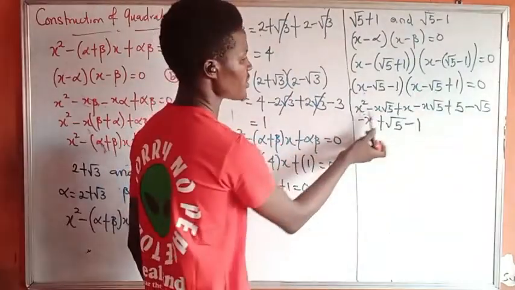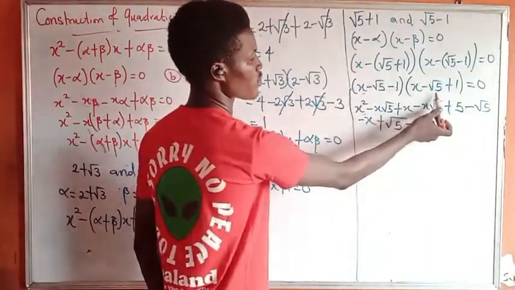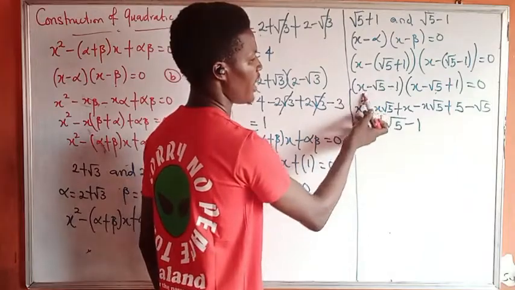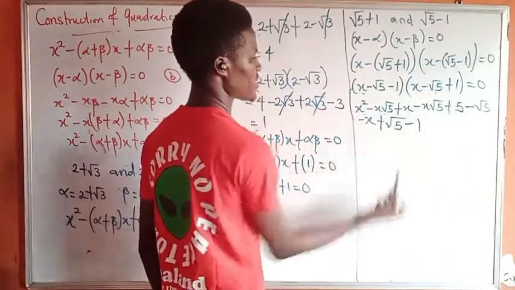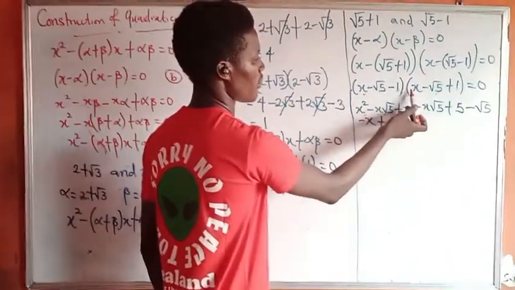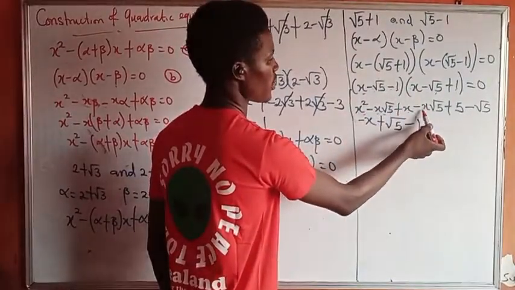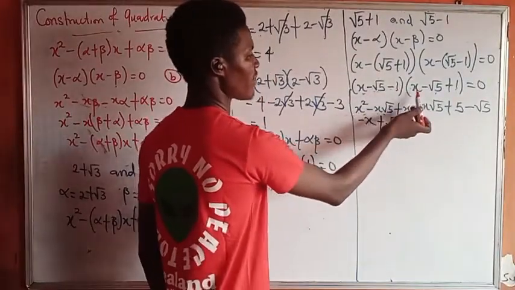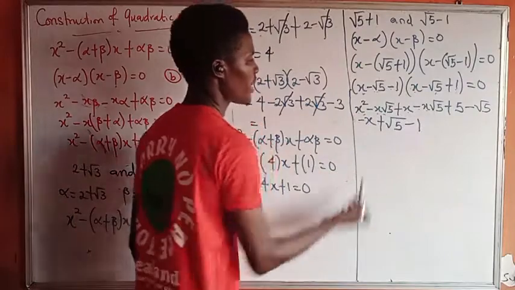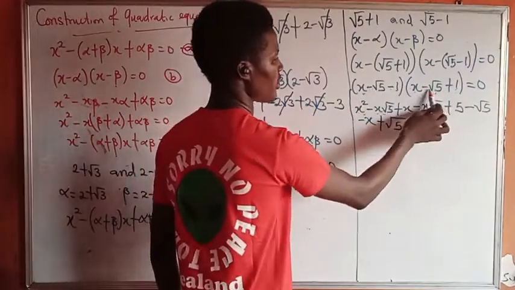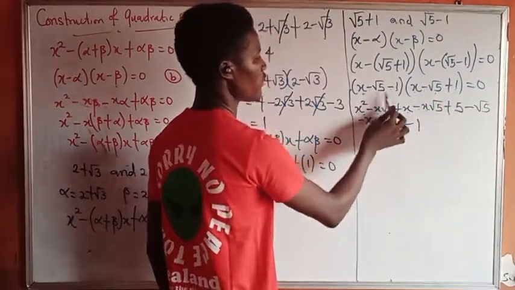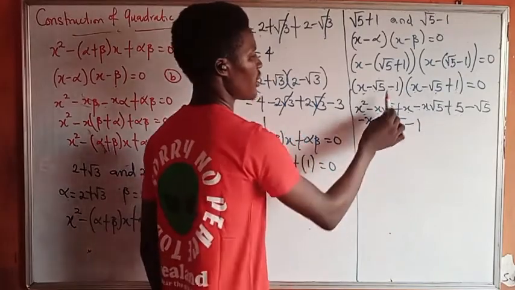x times x is x squared. x times minus root 5 is minus x root 5. x times 1 will give me x. Minus times minus times plus will give me minus. Root 5 times x will give me x root 5. Minus times minus is plus. Root 5 times root 5 is 5.